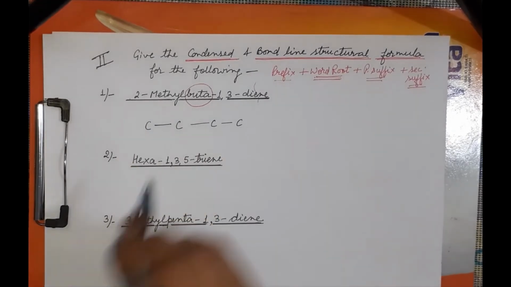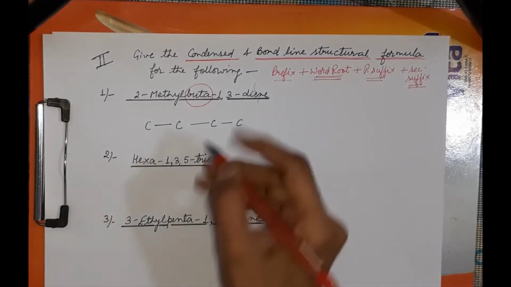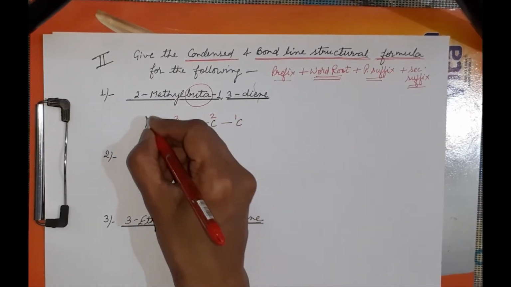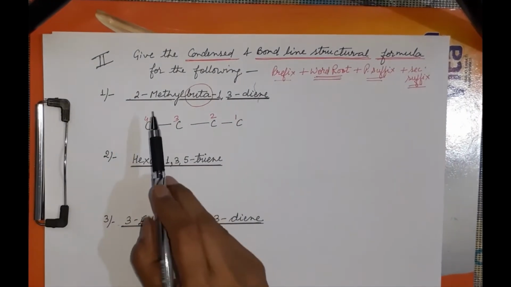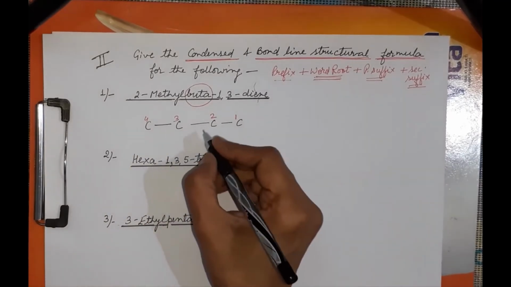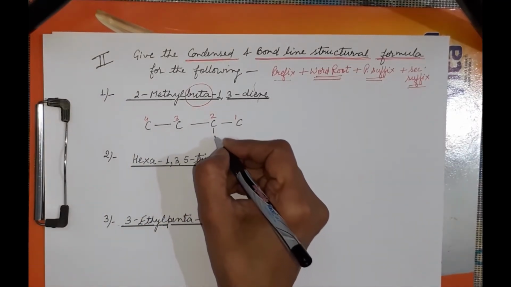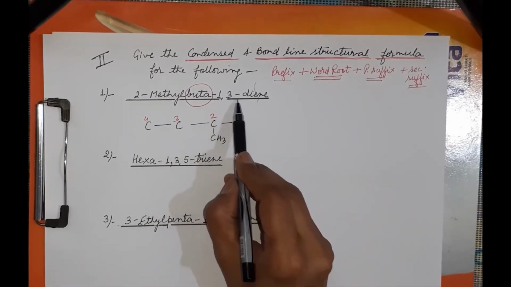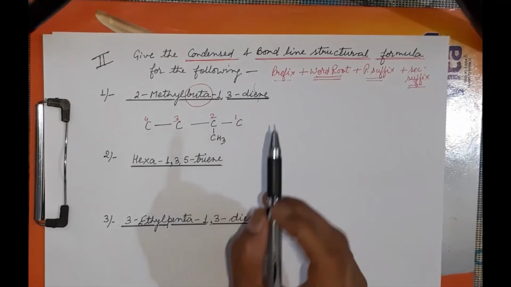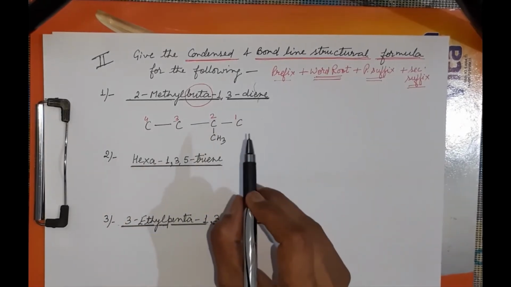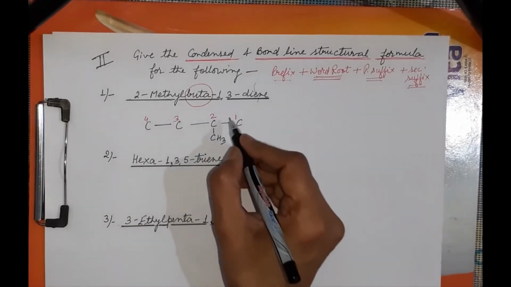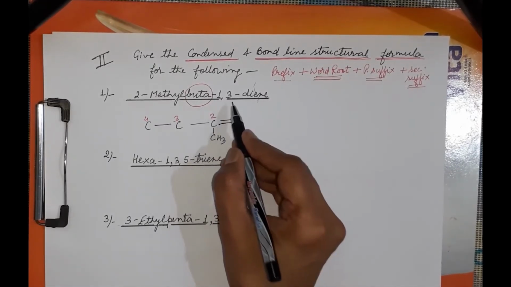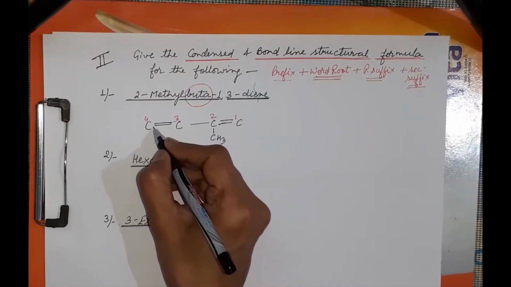So then if I write the number 1, 2, 3, 4. So then here we can see 2-methyl means carbon number 2 is having 1 methyl group. 1,3-diene: 2 double bonds are there and the position for them is first at the first carbon atom and second at the third carbon atom.